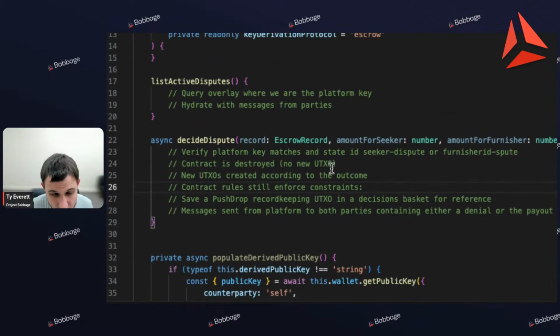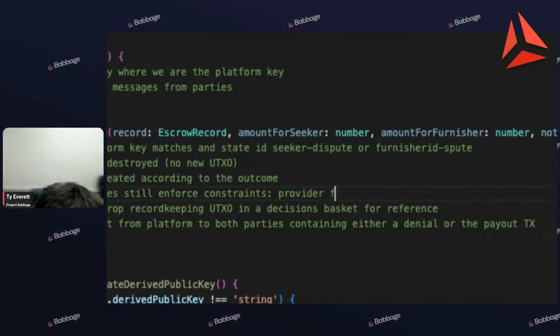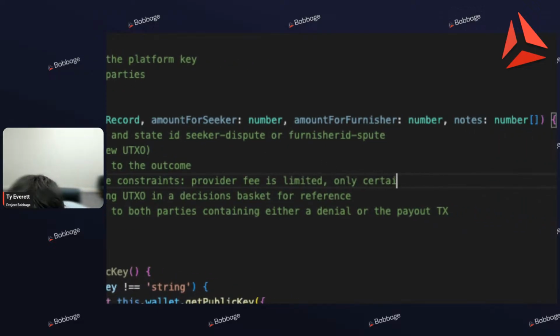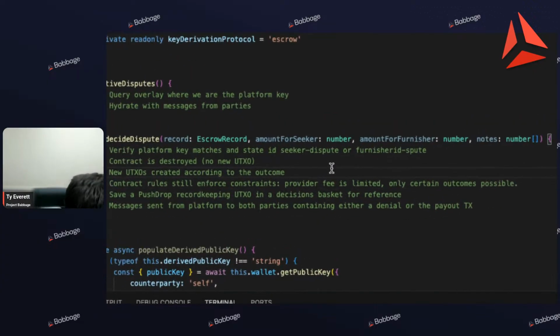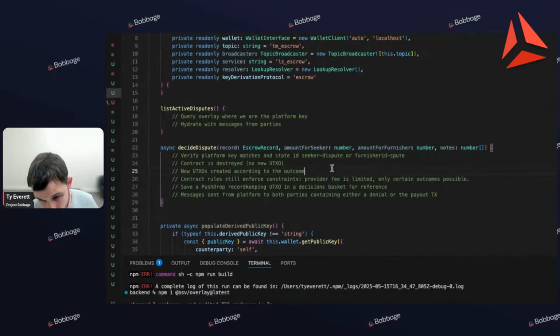Contract rules still enforce the constraints. So in this case, the provider gets only a certain fee, and whether they have to be decisive fully or they can allocate.